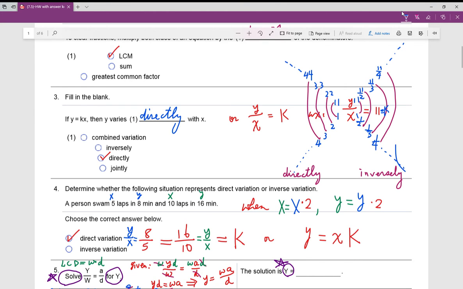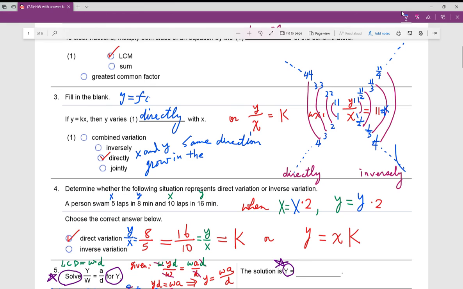They grow in the same direction. So we say y varies directly with x. Why don't we say x varies directly with y? Yes, we can say that, but usually we solve for y.